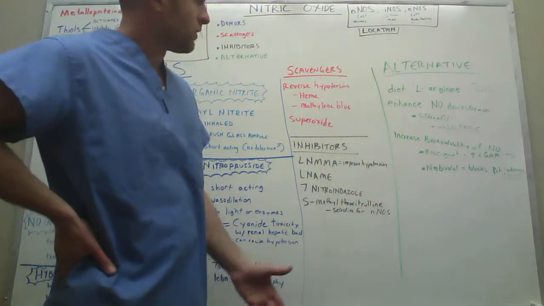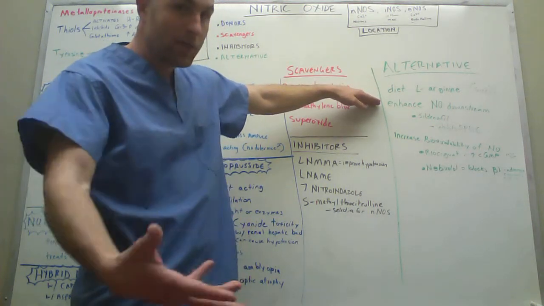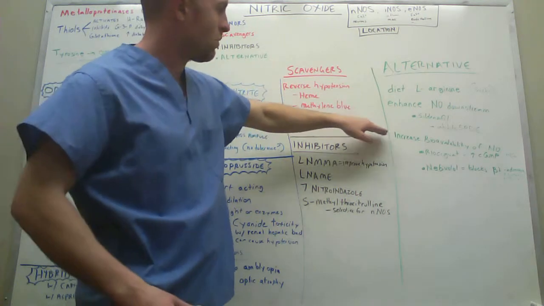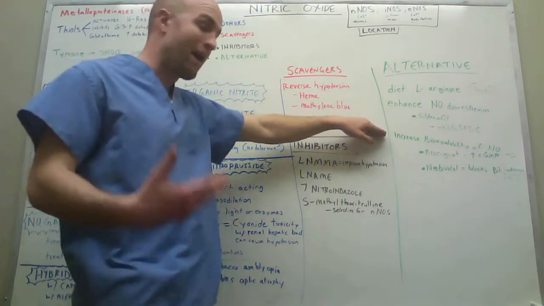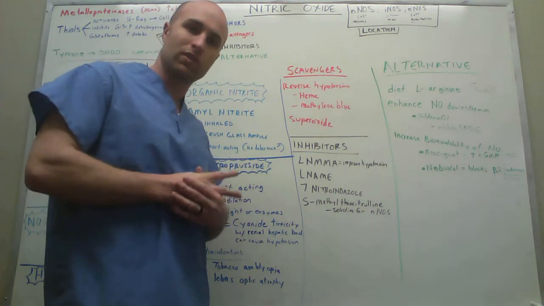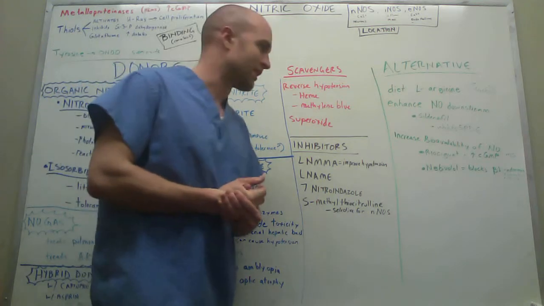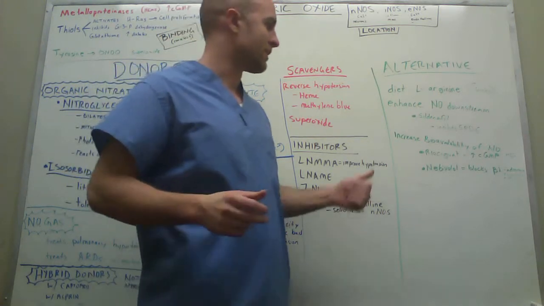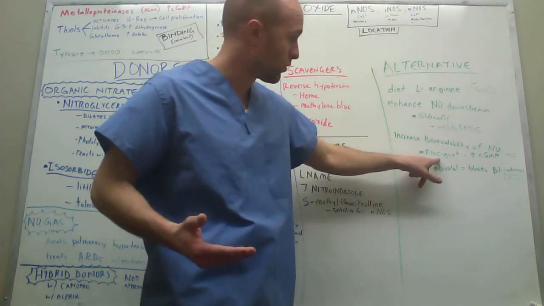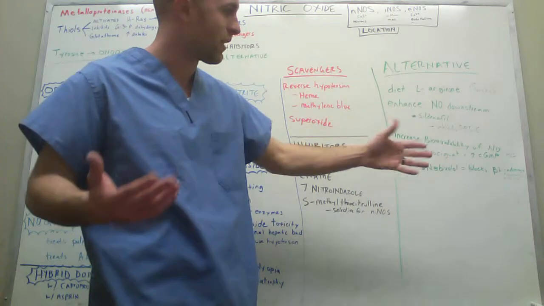So another thing you can do: first of all, they thought maybe you can enhance it downstream, which didn't work there but worked somewhere else. Or maybe what we could do is just increase the bioavailability of nitric oxide. They've got two drugs that do that. One is a drug I don't know how to pronounce, so I'm just going to try: riociguat, I don't know how to say that.